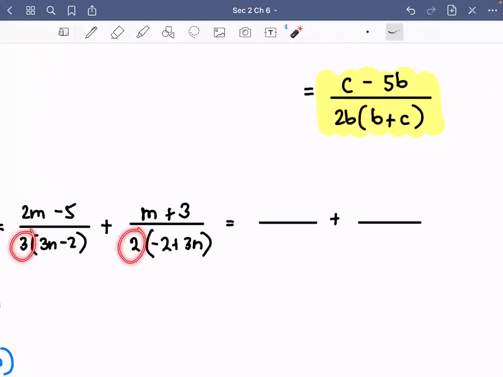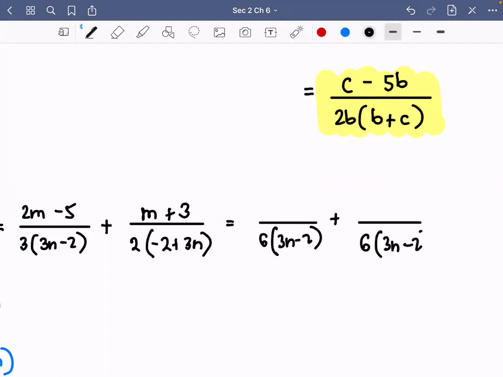I mean your LCM. That's 6, right? And how about this? Since these two are the same, that's 3n minus 2. So I'll just do the same here, 3n minus 2, right?